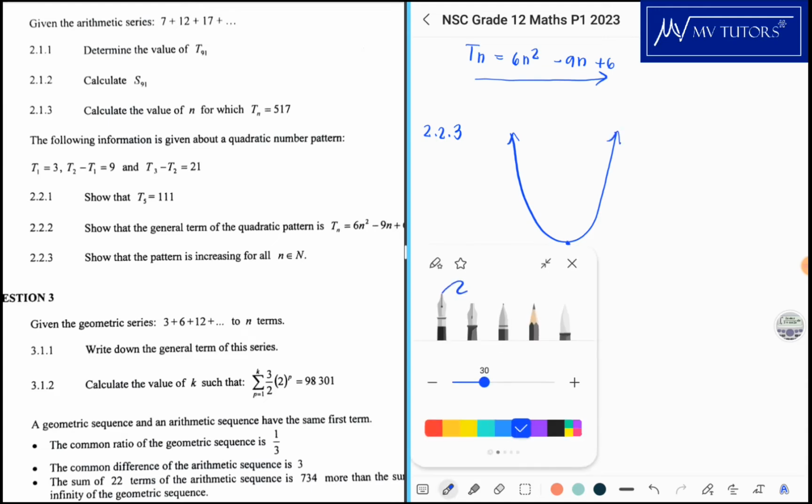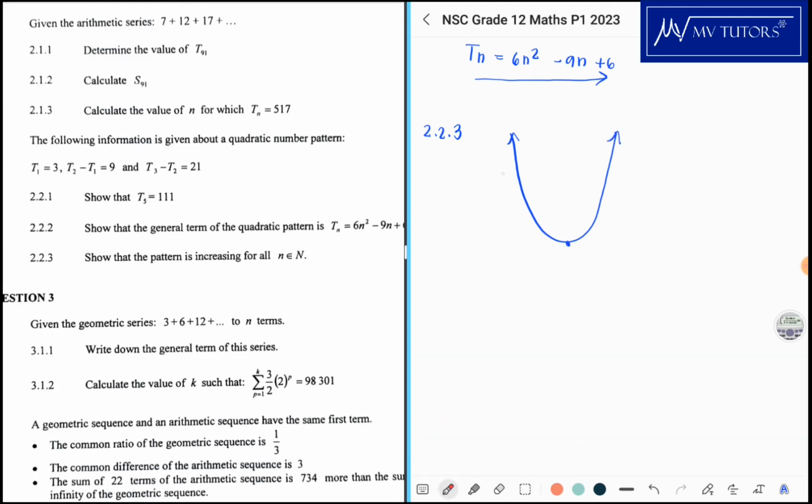if you see this quadratic pattern over here, you know from the left hand side all the way to the turning point, these are decreasing values. But from the turning point all the way to the right hand side, you have your increasing values. So the reason why I want us to calculate the turning point is because at the turning point, remember we have a stationary point, so the gradient is quite flat.